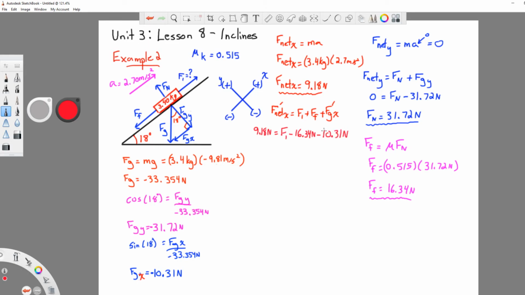All right. If we take these values, we rearrange them. So basically, we're just adding these values to both sides. And we are going to end up with force 1, or an applied force, whatever you want to call it. This force up here, working out to 35.8 newtons.